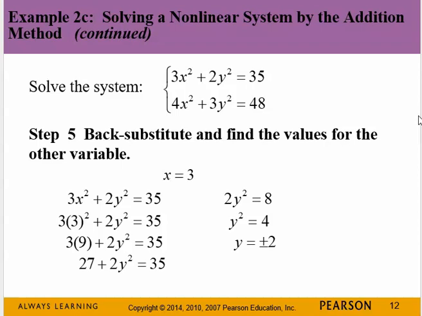So we have a series of possible points of intersection where x is plus or minus 3, and y is plus or minus 2.